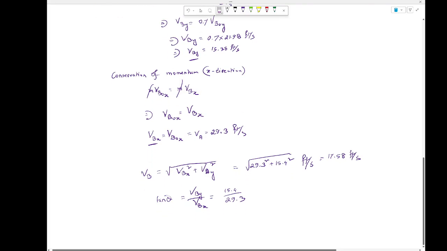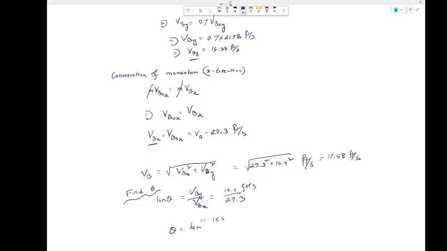So that's tan theta, and theta would be equal to tan inverse. That's to find theta after the impact. So tan inverse of 15.4 over 29.3, the feet per second cancel out. You're going to have 27.7 degrees.